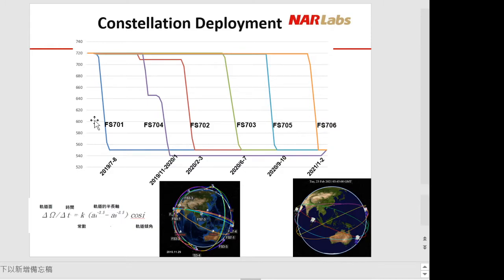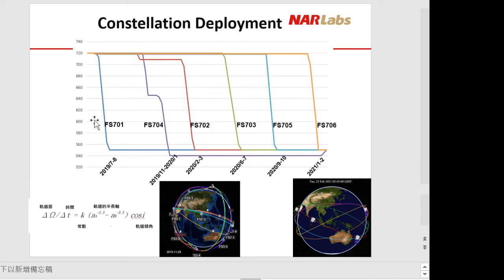So I put the equation over there. If we put the satellite at a different altitude, that's the A I show in the equation, which is the semi-major axis, through time the orbital plane will become different.